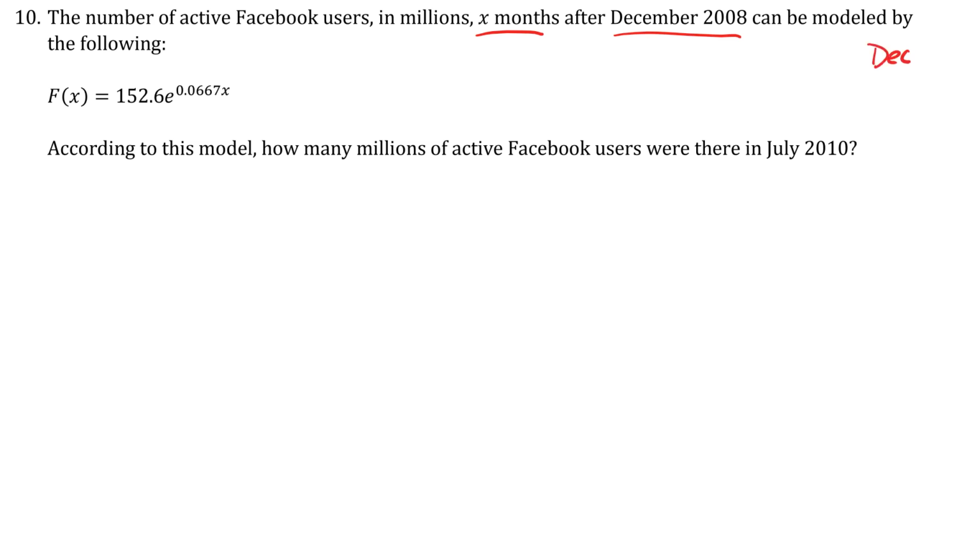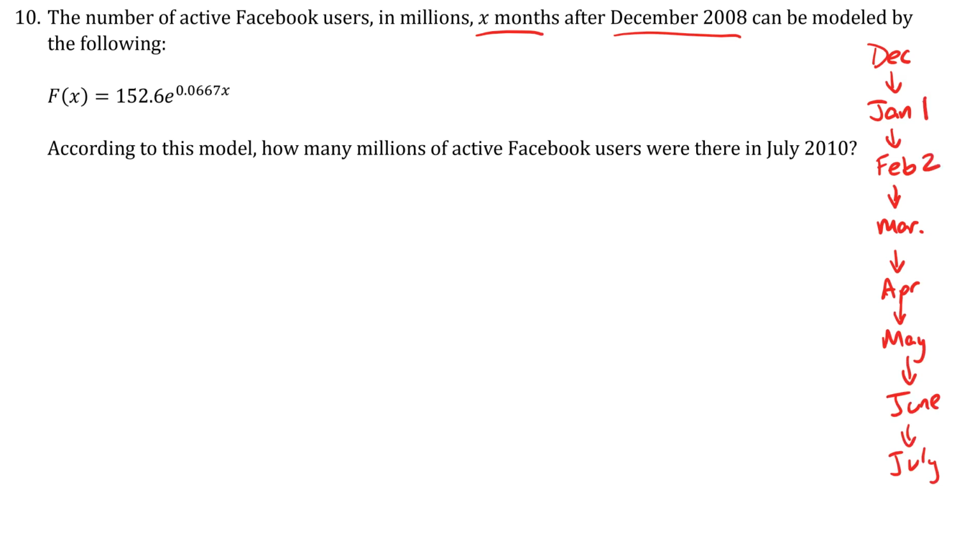So from December to January to February, March, April, May, June, and July. So January would be 1 month after, February would be 2 months after, 3, 4, 5, 6. So July is 7 months after December.